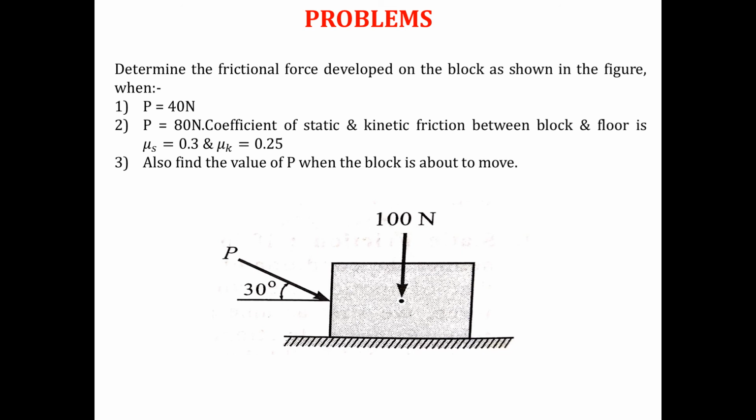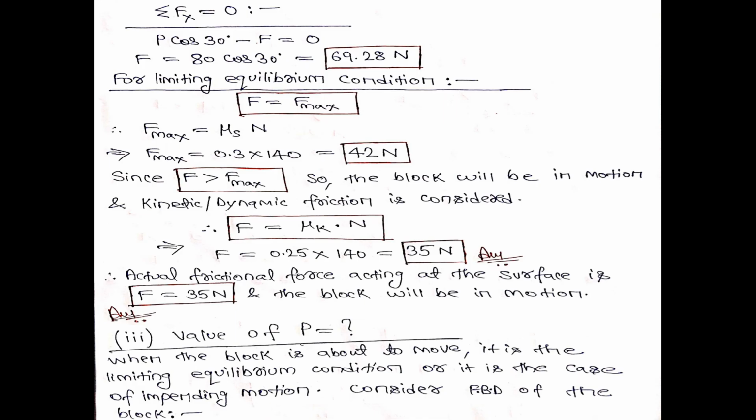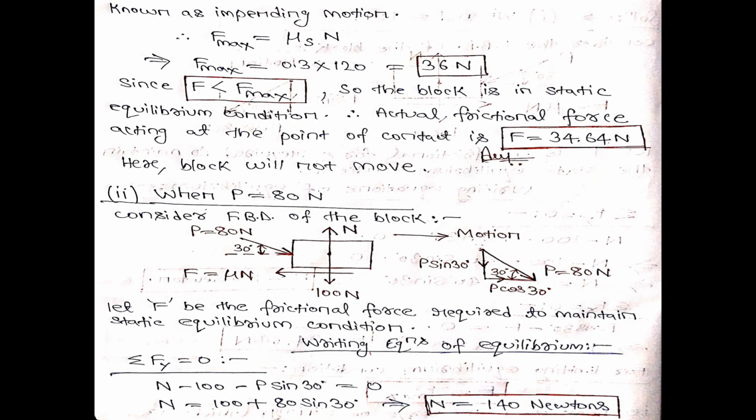Fine. So when the block is about to move, that means limiting condition. For that limiting condition, the value of frictional force F, you have to take the coefficient of static friction, mu S. So for the third case, using the equations of equilibrium, summation Fx equal to 0 gives plus P cos 30 minus mu S into N equal to 0.